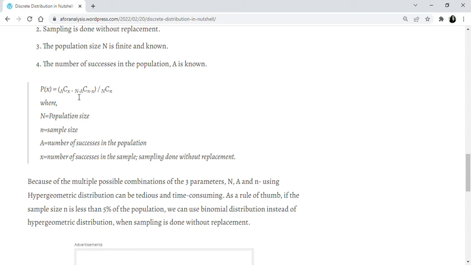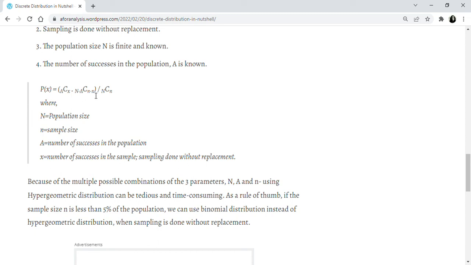Okay, I have to repeat this again. First of all, A is the total number of successes in the population and small x is the total number of successes in the sample. So in the numerator, the first term is out of the total number of successes, how many ways I can select x, and then out of the total number of failures in the entire population, how many ways I can take n minus x.